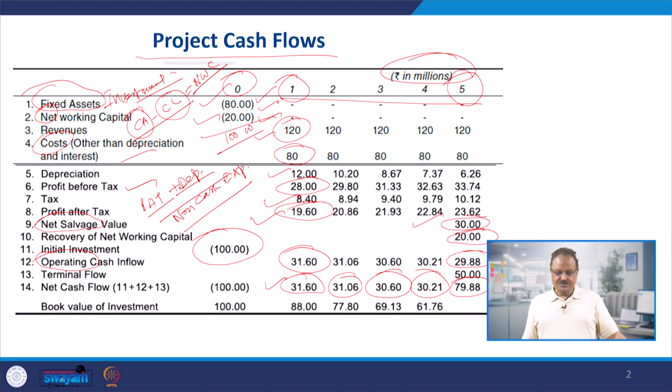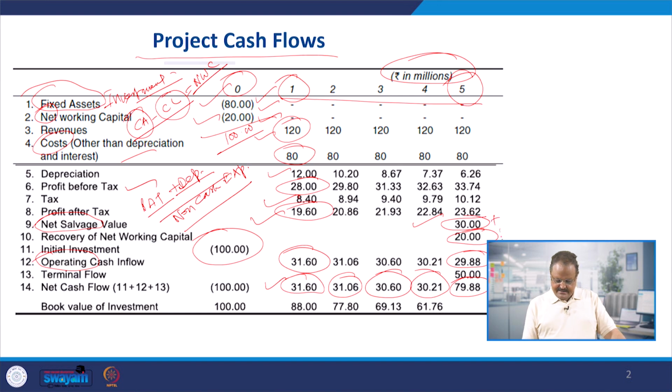So in the terminal year, the last year, two cash flows are terminal cash flows, 30 plus 20 on account of salvage value and recovery of working capital. And the normal cash flow, the operating cash flow, is still there. So you are going to add up these three.